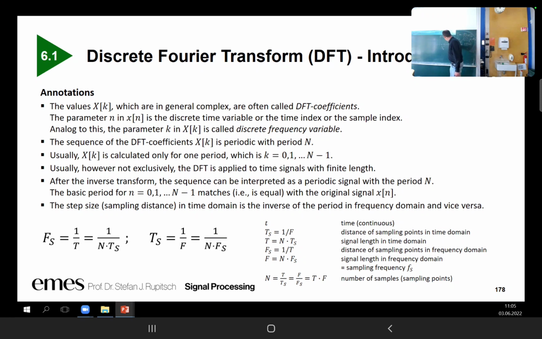And the upper frequency limit, we call it lowercase fs, or it's also called uppercase Fs.